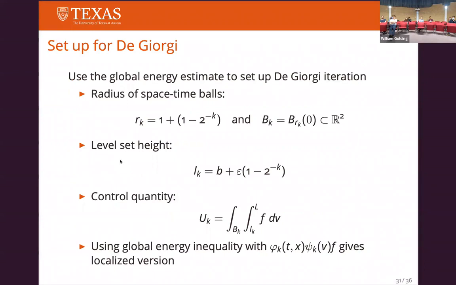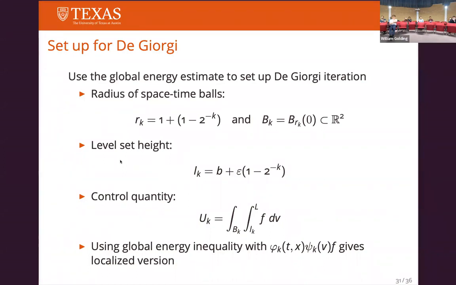So the setup is now going to be, all right, I'm going to have a whole bunch of space-time balls that start at radius 2 and shrink to radius 1. And I'm going to have level set heights, quote unquote, classical to De Giorgi, that go from some threshold to threshold plus epsilon. And my control quantity is going to be weird for anyone who's done De Giorgi.